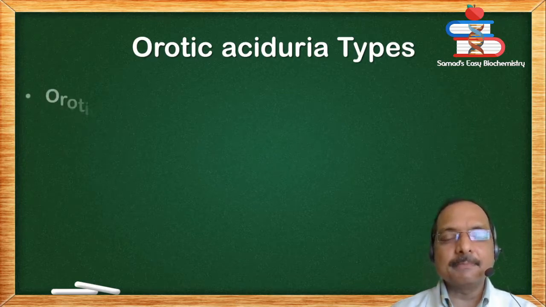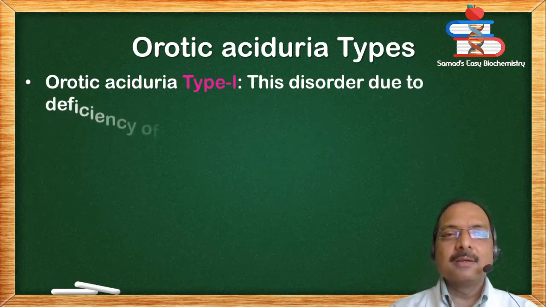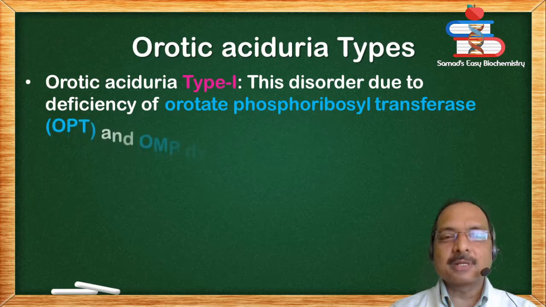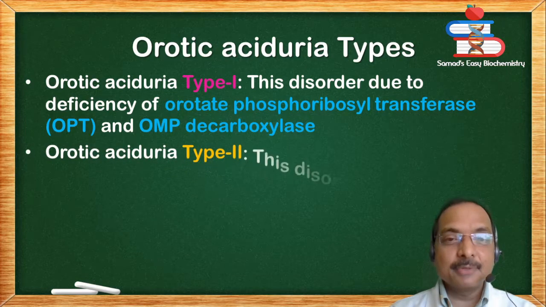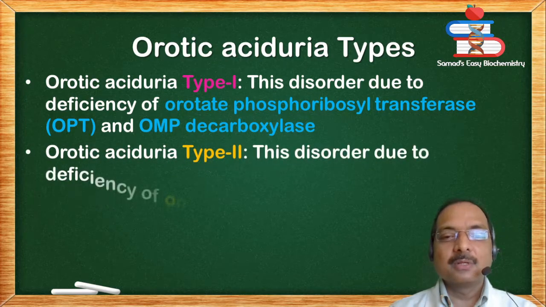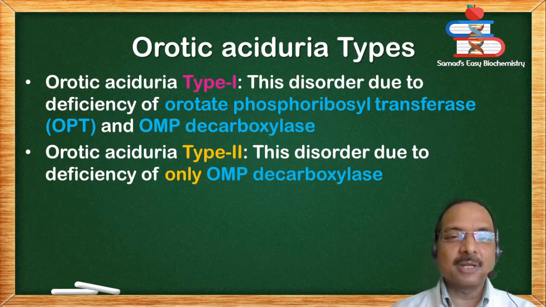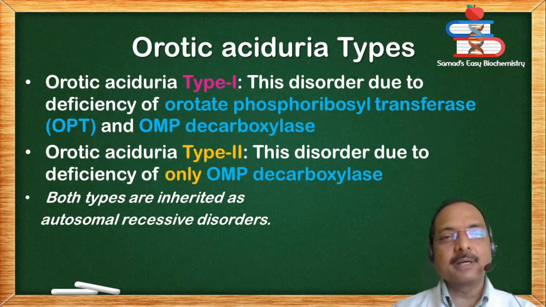Orotic aciduria type 1 is due to the deficiency of both OPT and OMP decarboxylase. In orotic aciduria type 2, there is deficiency of only OMP decarboxylase. So based on the deficiency of enzymes, they have been subclassified into two types. Both types are inherited as autosomal recessive disorders.